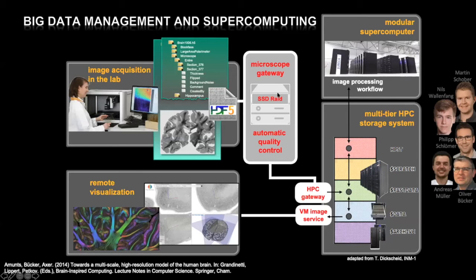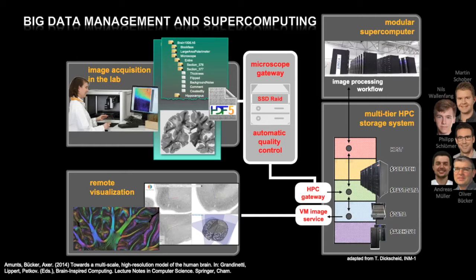Then we have an automatic quality control, because you can imagine if you have something like 7,000 sections measured within a very short time period and analyzed, we are not really able to look into individual pixels anymore.